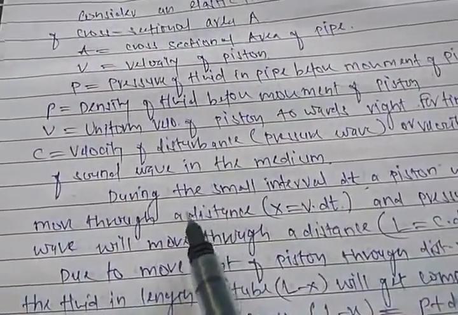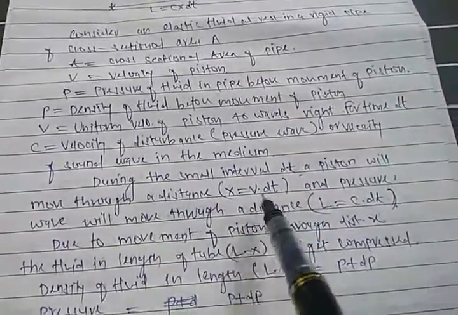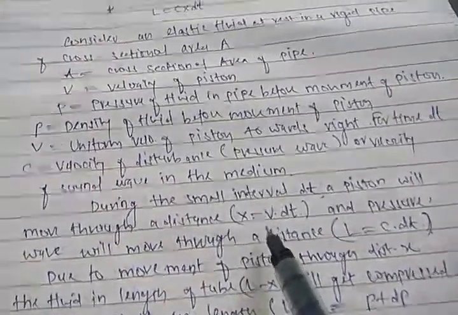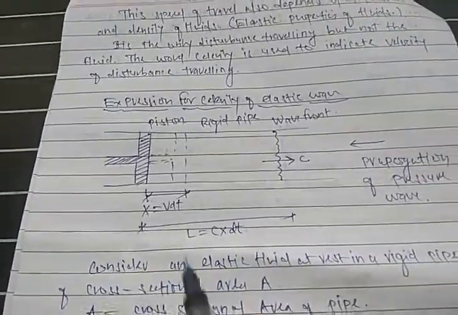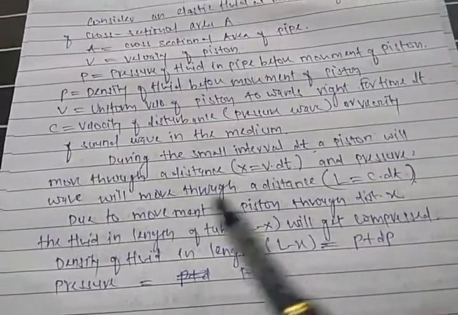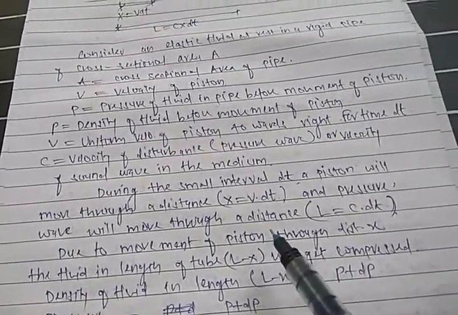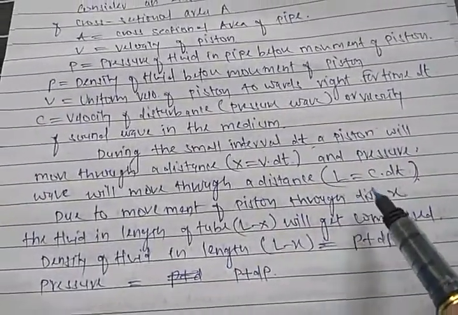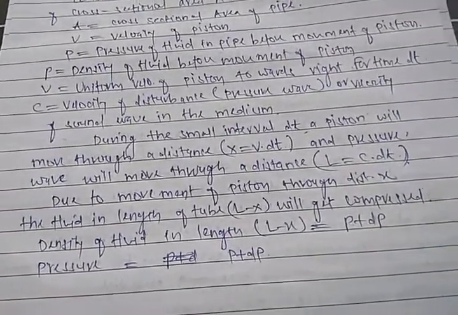During small time interval dt, the piston will move through a distance x, equal to v into dt. The earlier piston was here, now it has come here. The pressure wave will move forward through a distance L equal to c into dt, c velocity, dt time.